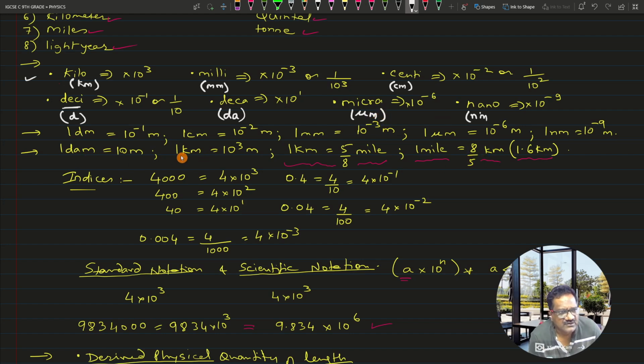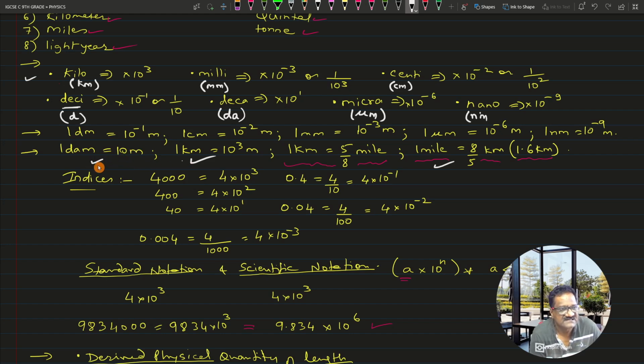So these are the units. Some are smaller units, some are bigger units. Bigger units than meter are kilometer, and the mile is also bigger than meter, and decameter is also bigger than meter because it is 10 times meter.